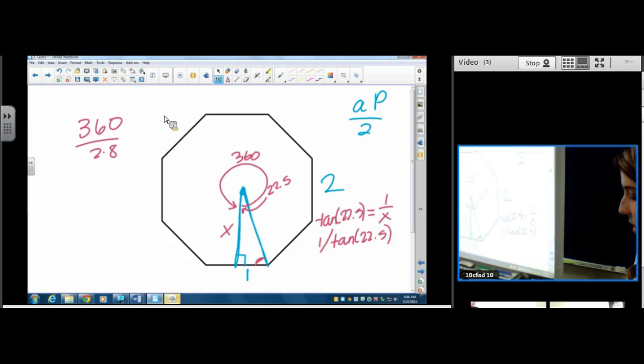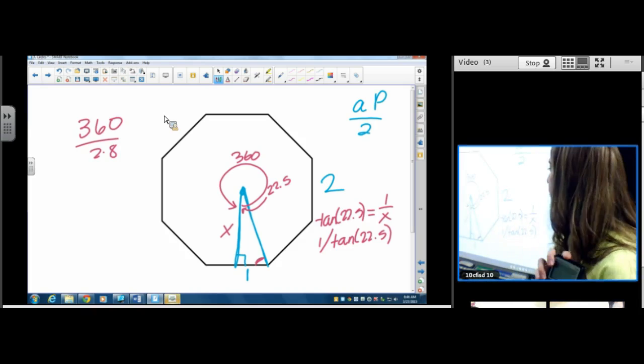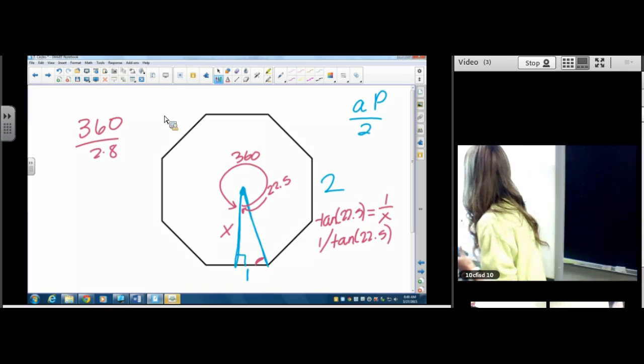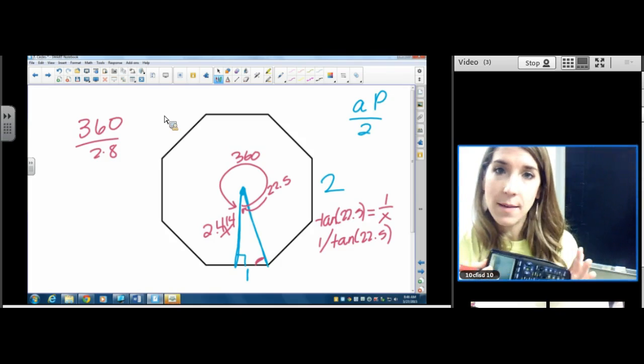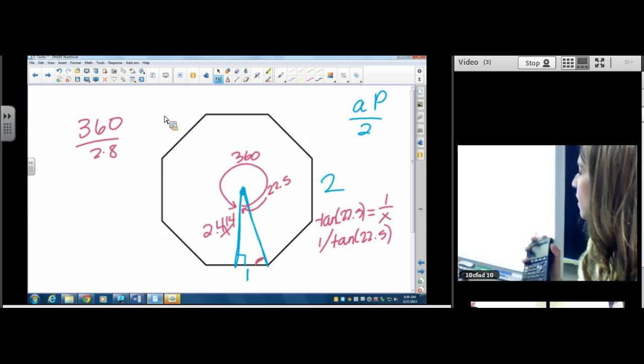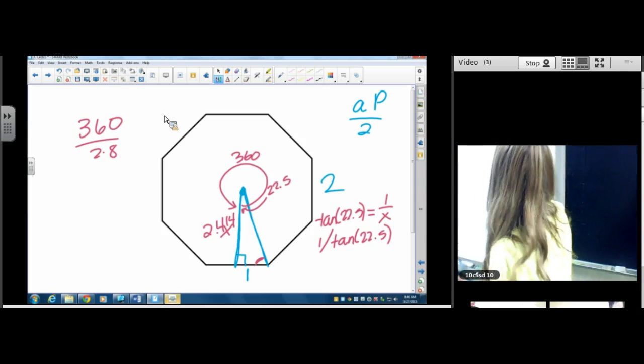And we're going to keep this in our calculator. 2.414 blah, blah, blah. I wrote it down there, but I'm going to use the whole decimal as I'm calculating this, okay? Right here in my calculator, I have the apothem.